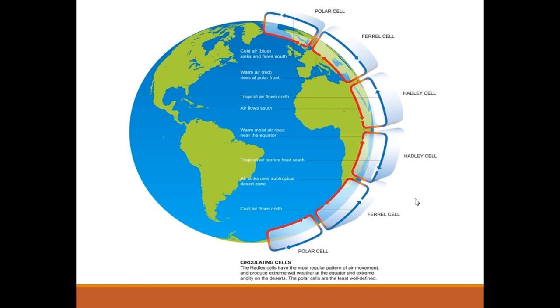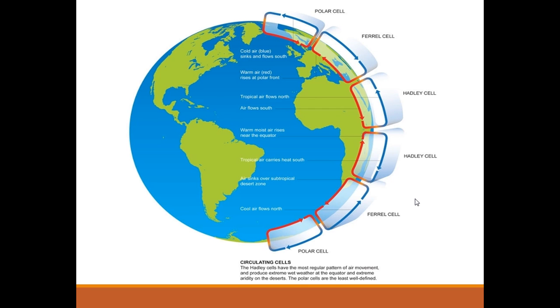If you look carefully, you can see a pattern of warm air rising and cool air sinking. So we have a cycle going on in each of those weather systems.